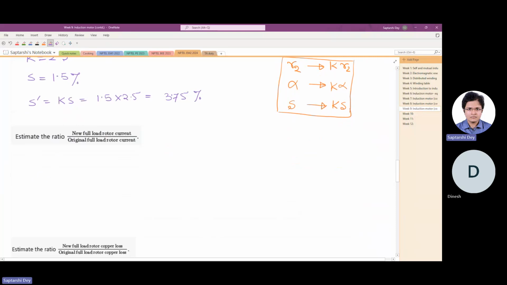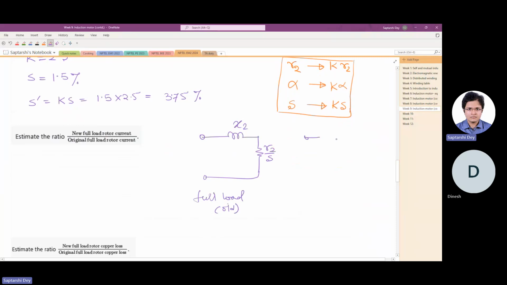See one thing. This is the circuit: X2, R2 by S, at full load, old.